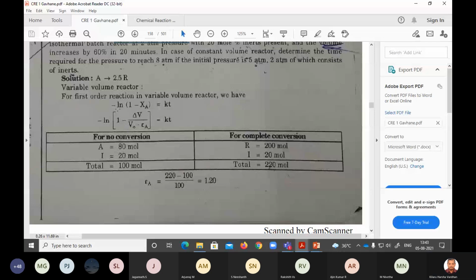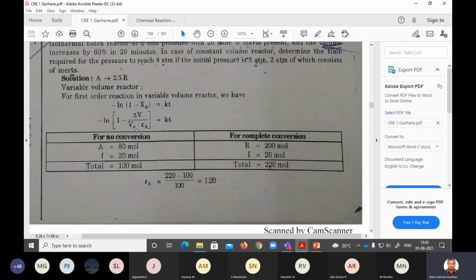So forget about what expressions he is using, because he is trying to use the same expressions he derived. Since we didn't do derivations, we had only one equation in the picture, minus ln(1 minus XA) is kt. We'll keep the same thing. Let us not trouble with the different formulas. If you can remember, then straight away you put it.